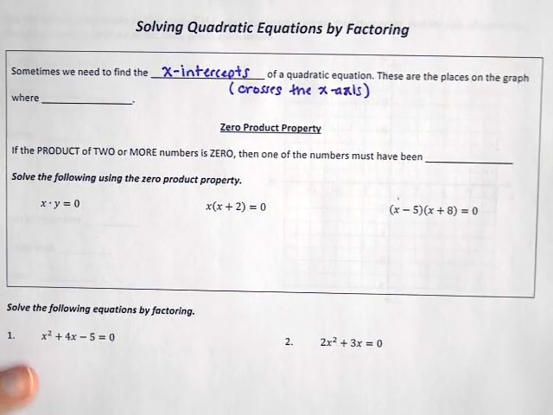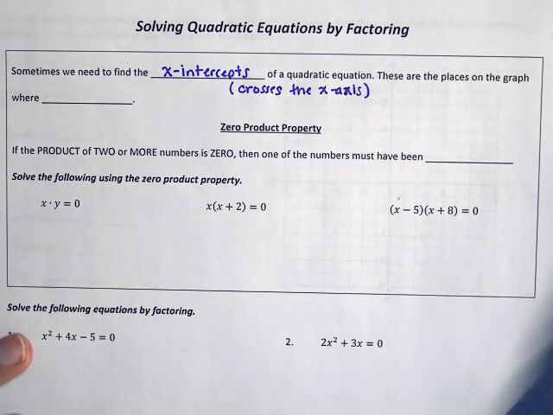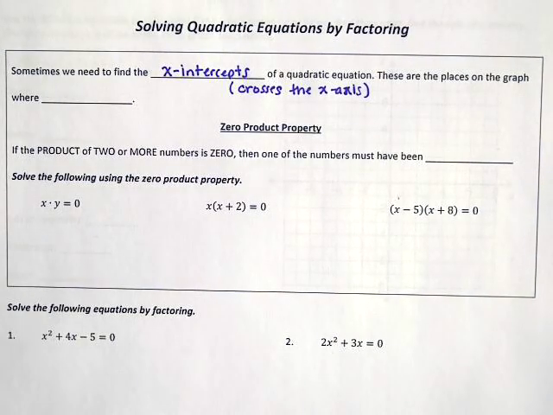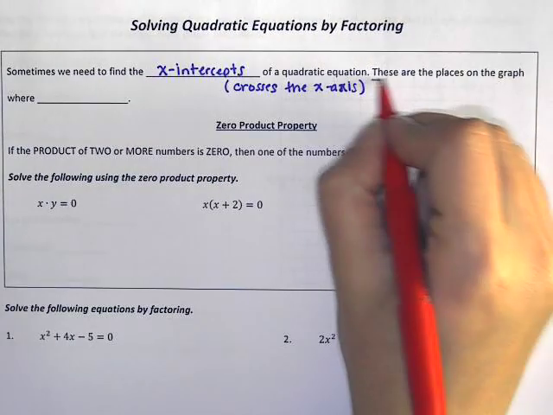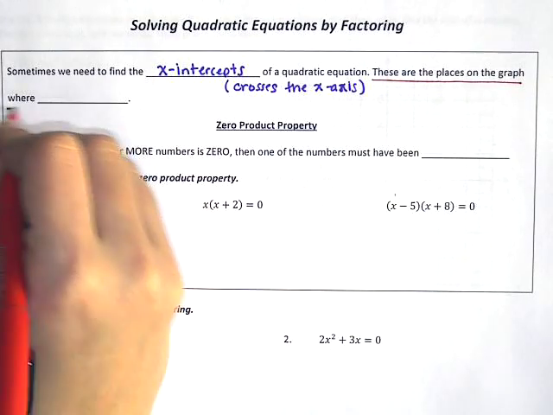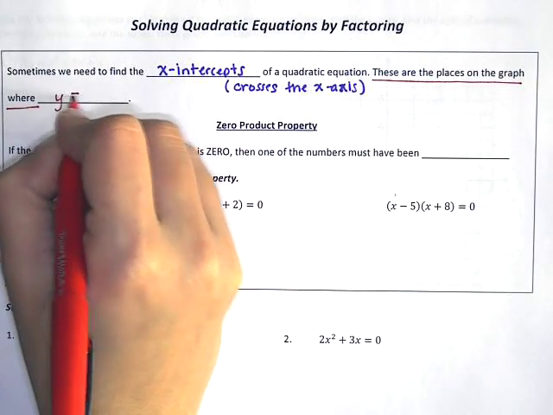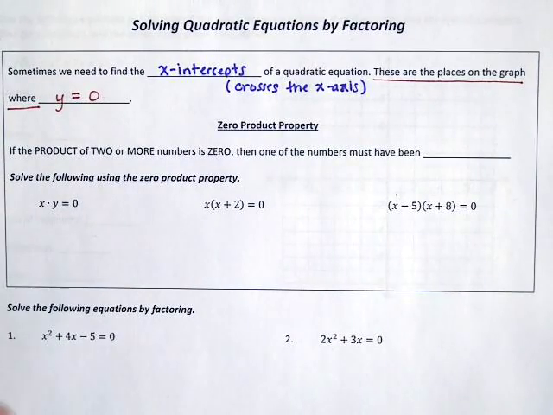And one of the ways to think about the x-intercepts that helps us understand how to solve them is that these are the places on the graph where the y value of the ordered pair is equal to 0. So in order to start talking about how to make this happen, we need to understand something called the zero product property.